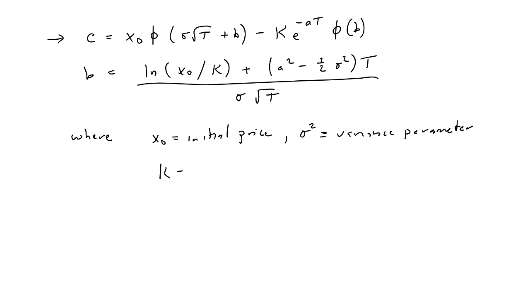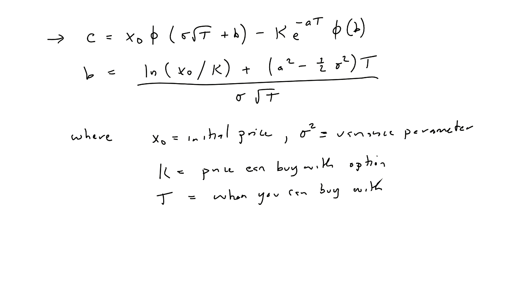K is equal to the price you can buy with the option. Capital T is when you can buy with the option.